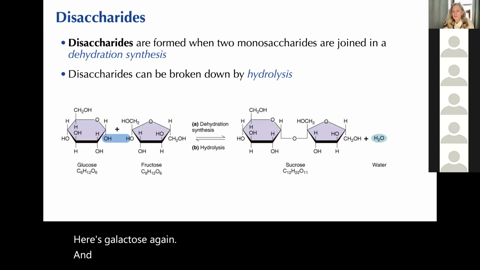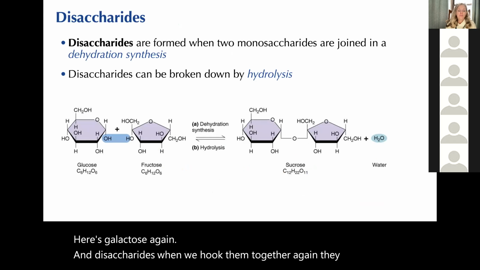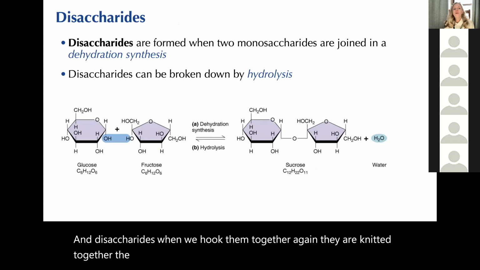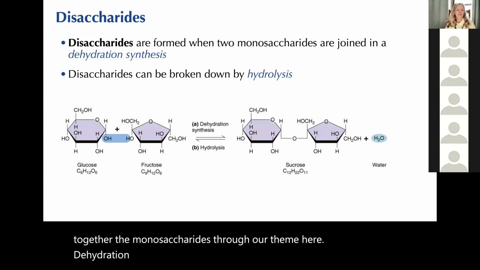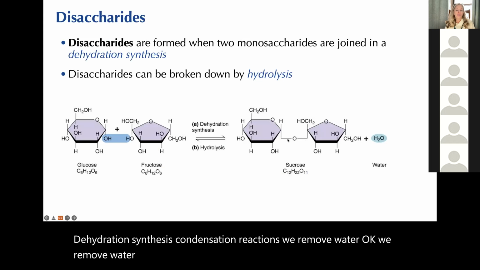And disaccharides, when we hook them together, the monosaccharides are knitted together through our theme here, dehydration synthesis, condensation reactions. We remove water and we form our new bond. Here's the water left over here.